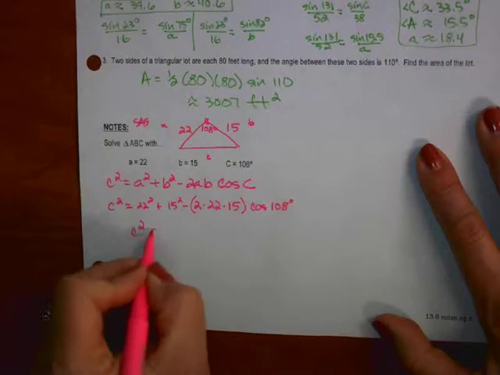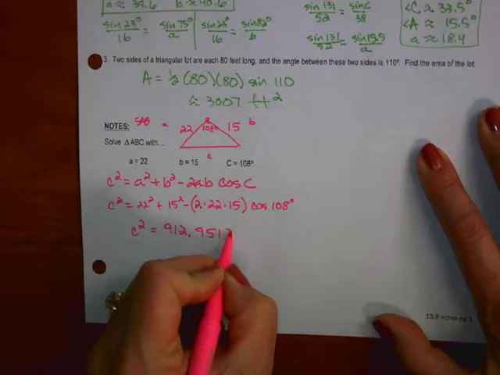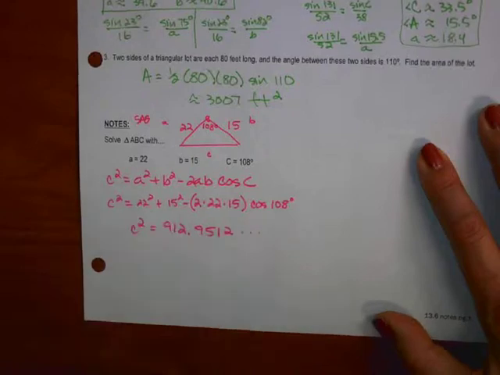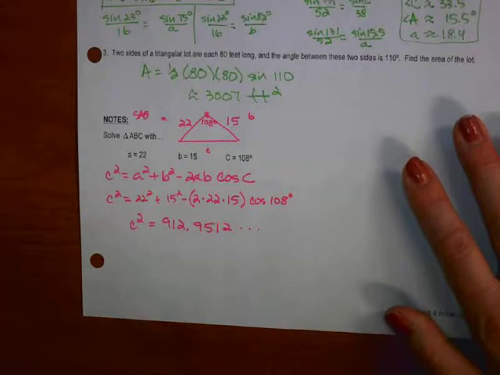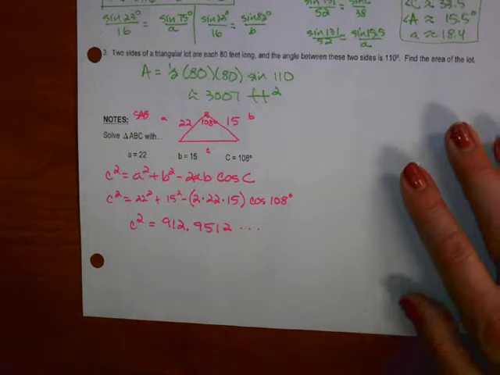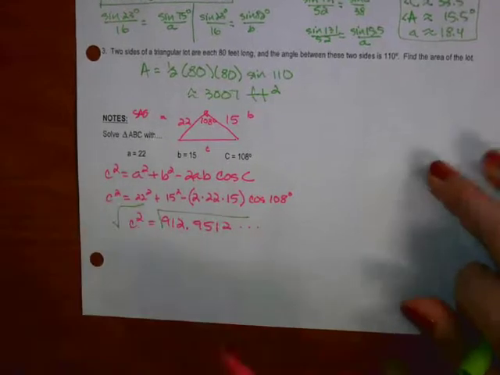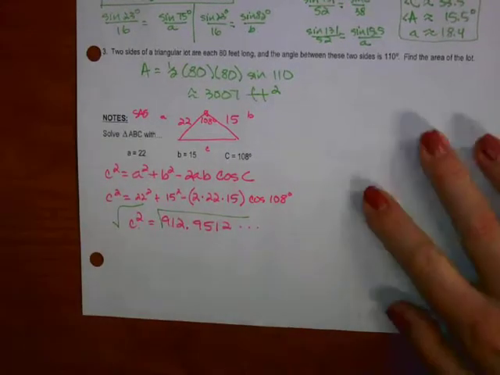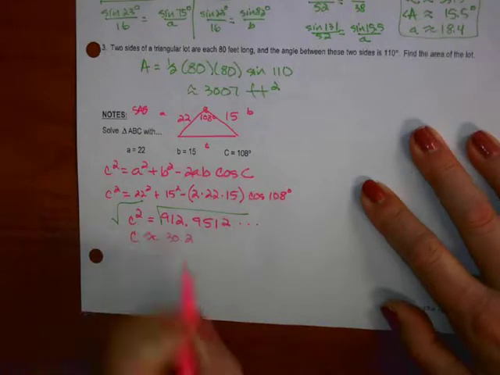And you get C squared equals 912.9512, and so on. Keeps going like that. But do I want C squared? No, I want C, so what do I do? You take the square root of both sides, correct? That's how you undo squaring. So C is approximately 30.2.